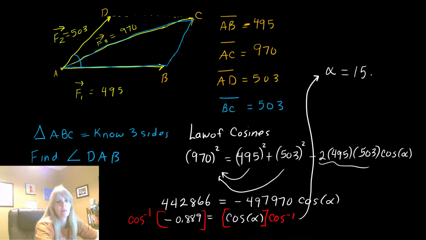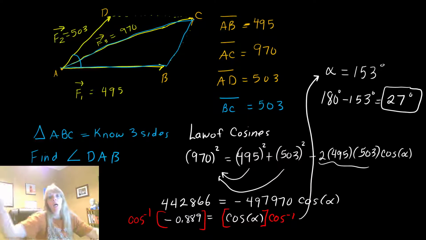Alpha equals 153 degrees by my calculator. And so then the angle between F1 and F2 would be 180 degrees minus that, because we said they're supplementary, which would be 27 degrees. Ta-da! That's it.